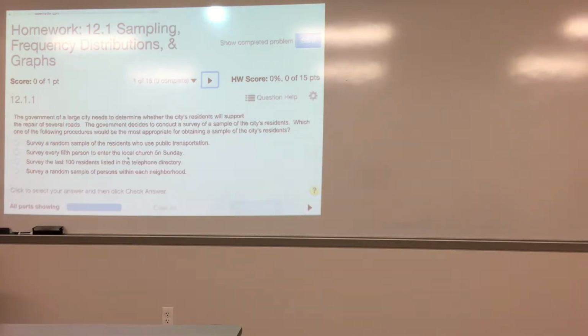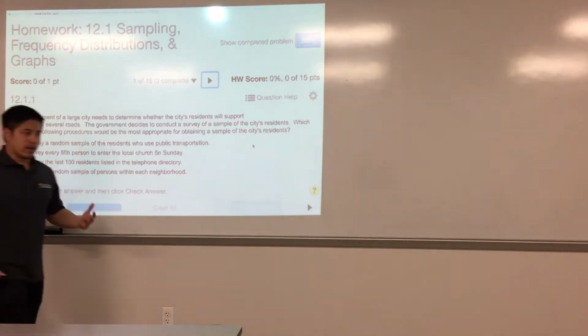It says the government of a large city needs to determine whether the city's residents will support the repair of several roads. The government decides to conduct a survey of a sample of the city's residents. Which of the following procedures would be the most appropriate for obtaining a sample of the city's residents? Now, you can sample things many different ways.